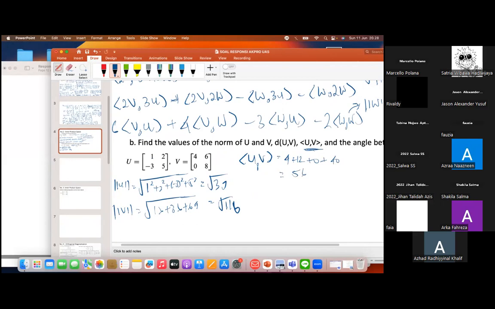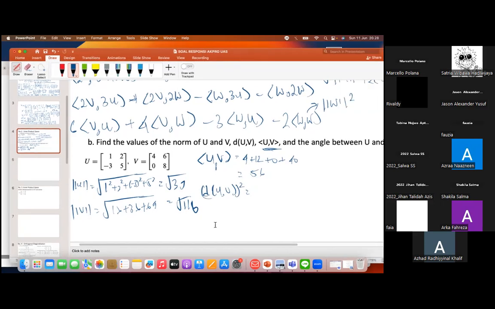Now we have to find d(u,v). d(u,v) squared, as usual, use the square, is <u minus v, u minus v>. And from this, the solution is similar to the top, however, there's a negative there.